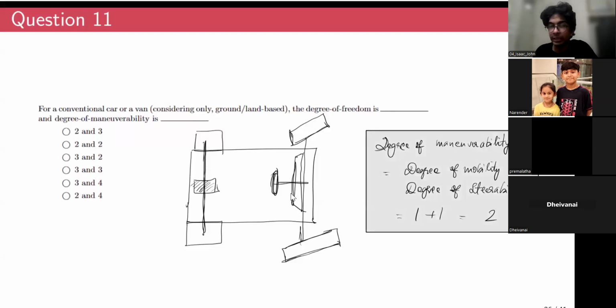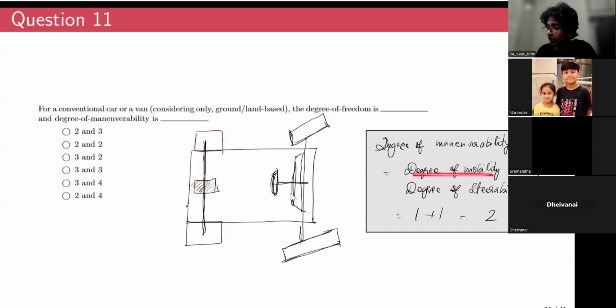Because the input that is directly modulating the wheel velocities is given from a single input, right? The single engine transmission combo is actually modulating the wheel velocities directly. But since they are coupled using an axle, you are essentially using a single engine transmission combo to power these two wheels.